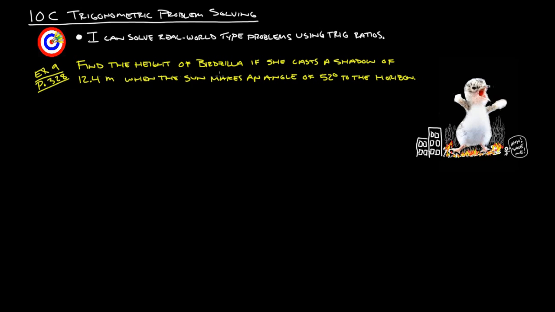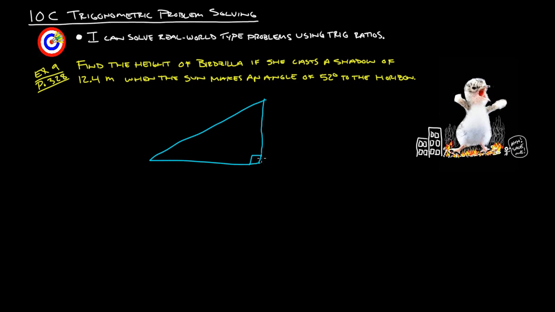This is find the height of Birdzilla if she casts a shadow of 12.4 meters when the sun makes an angle of 52 degrees to the horizon. Let's make it a little easier to work with drawing here. So there's Birdzilla. Here's our angle.